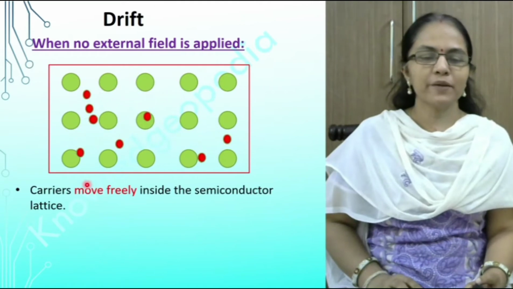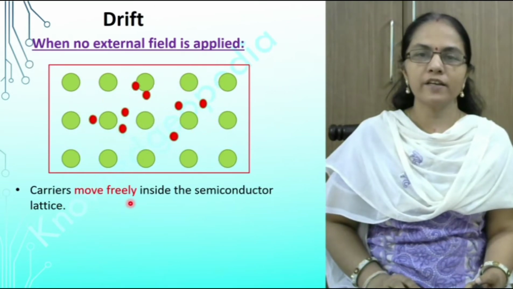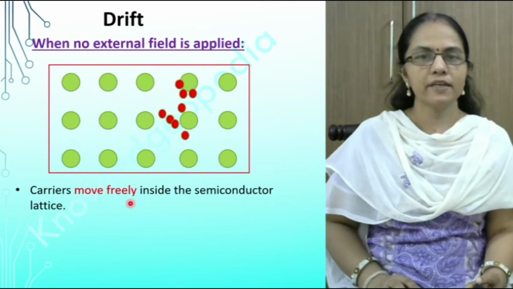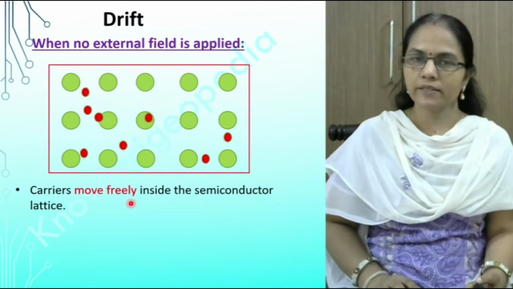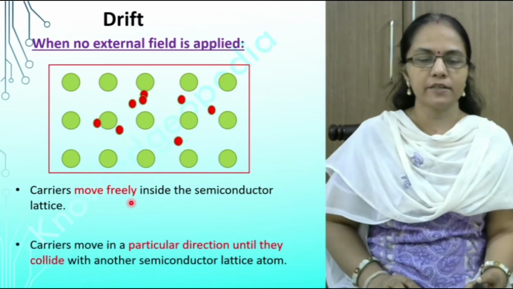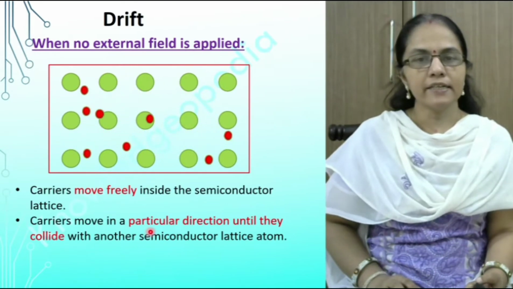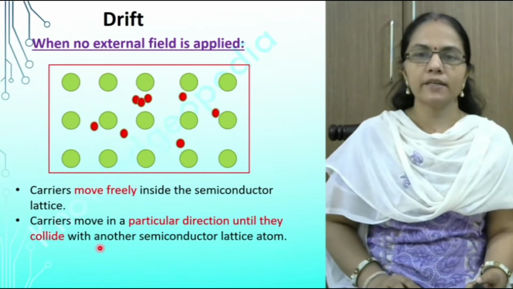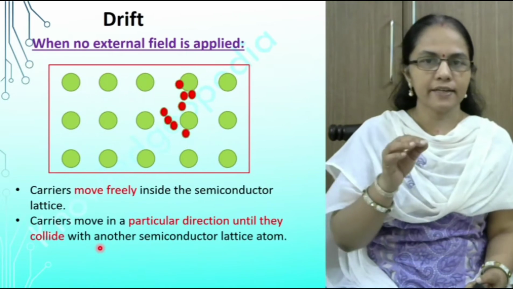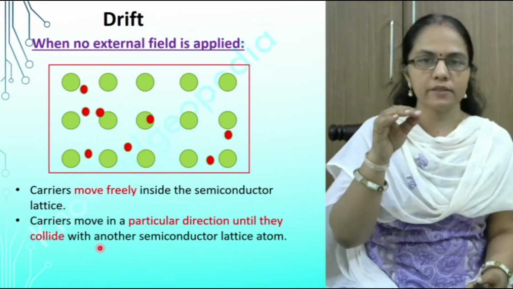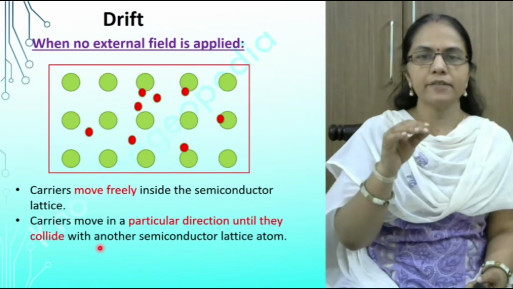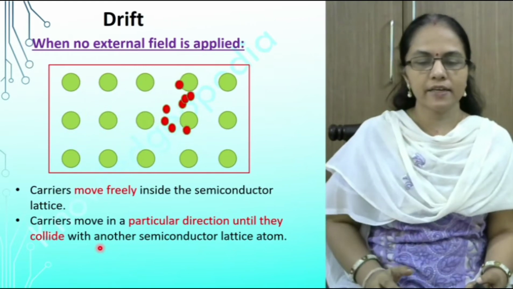From here, what we have seen is that the carriers move freely inside the semiconductor lattice when there is no external field applied. The carriers move in a particular direction until they collide with a lattice atom. Whenever they collide with a lattice atom, they will change their direction.